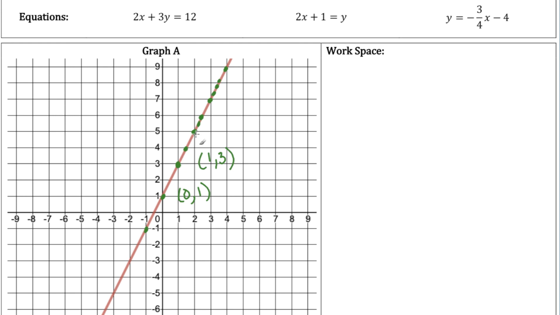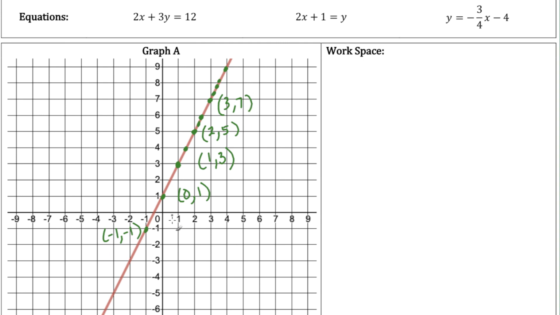Let's do this one, 2, 5. And then let's choose 3, 7. I guess we could choose a negative one. So negative 1, negative 1. That was pretty easy. And so on and so forth. We can keep going. We could even extend the graph if we wanted to.